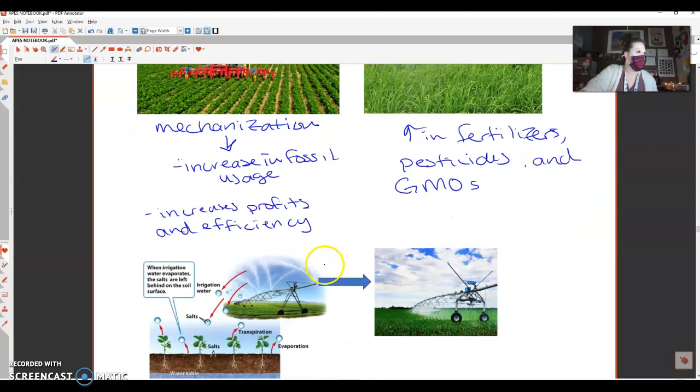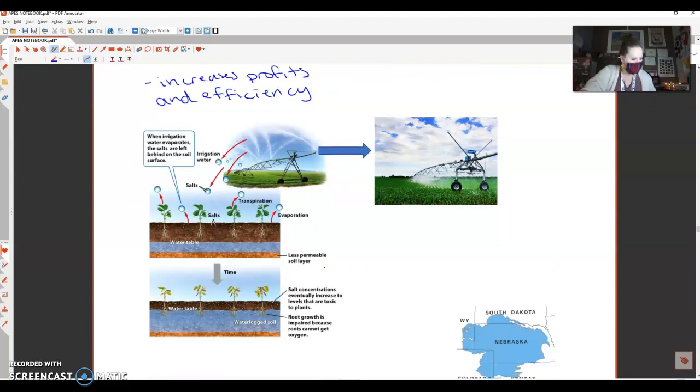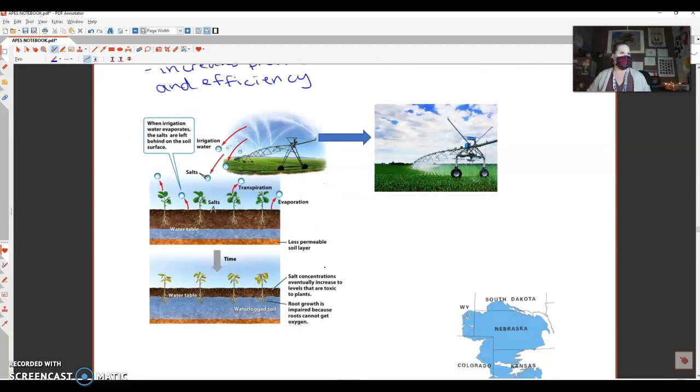All right, so let's look at irrigation. Okay, so all of this, we're going to talk about irrigation. If you've ever been on a road trip, you're driving through farmland, you'll see these types of contraptions just in the middle of nowhere. That's irrigation.